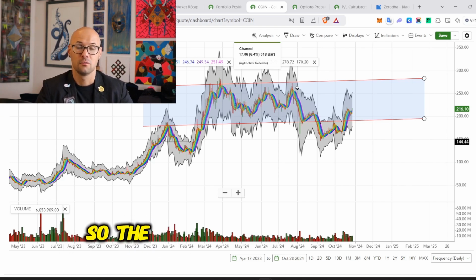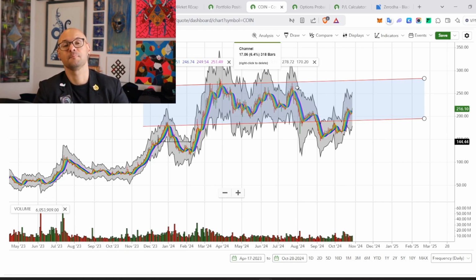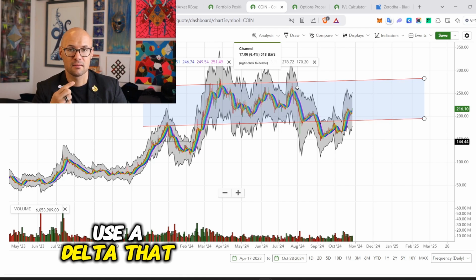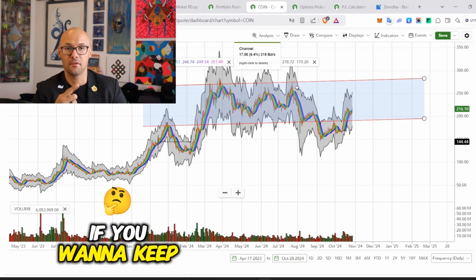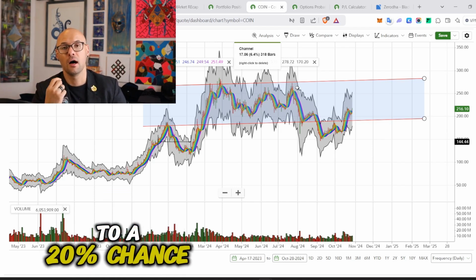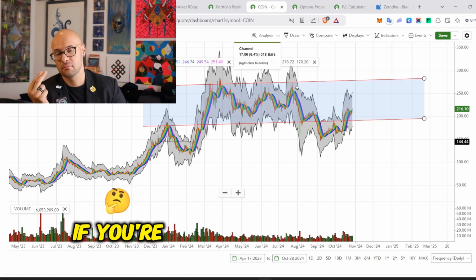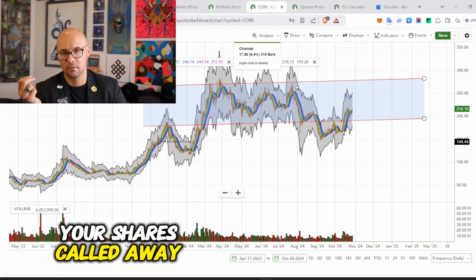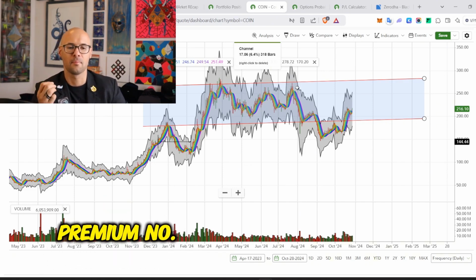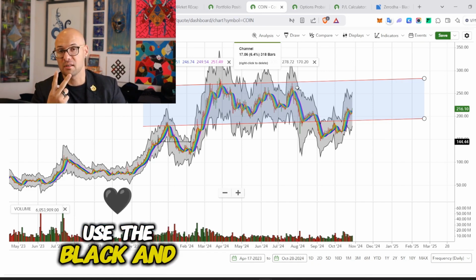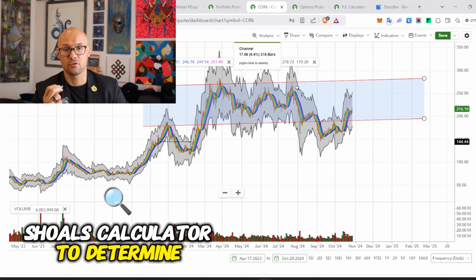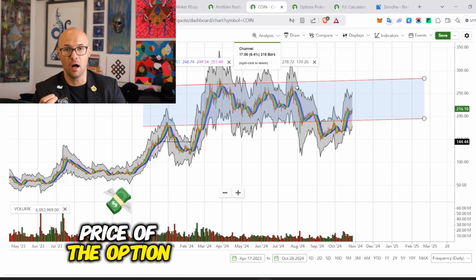So the three things to do are: number one, use a delta that has a 10% chance of happening if you want to keep your shares, up to a 20% chance for greater premium. If you go above that, if you're okay having your shares called away, great, you're going to make more premium. Number two, use the Black-Scholes calculator to determine the fair price of the option you're trying to sell.